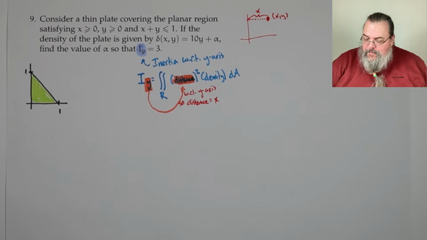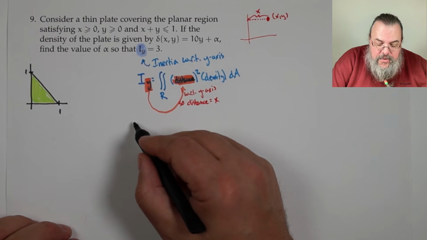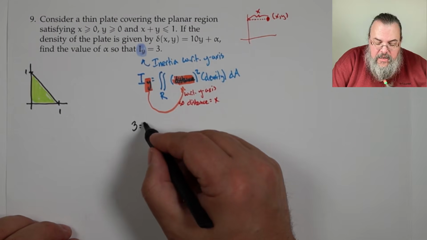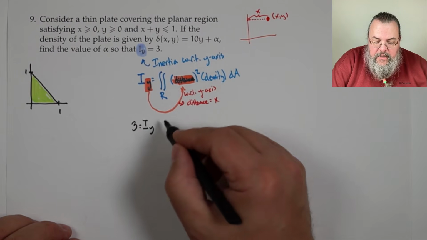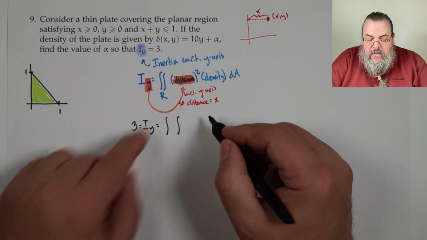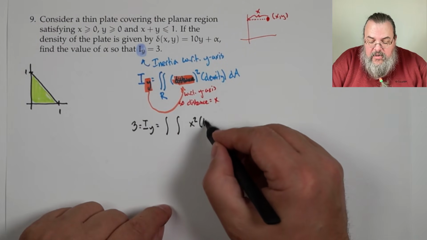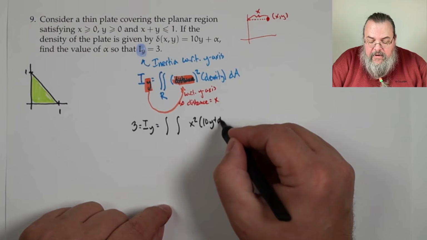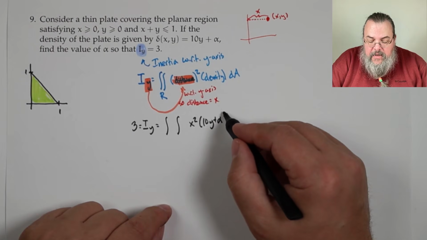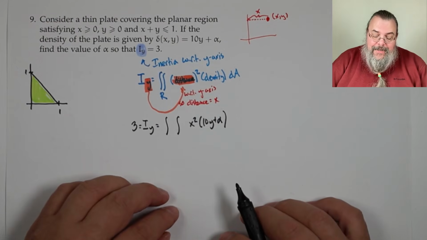Well, great. We're ready to put most of our pieces together. So we can say that our inertia, I sub y, which is 3, equals the integral. The distance squared becomes x squared. Then we have our 10y plus alpha. And then we have to choose dy or dx.